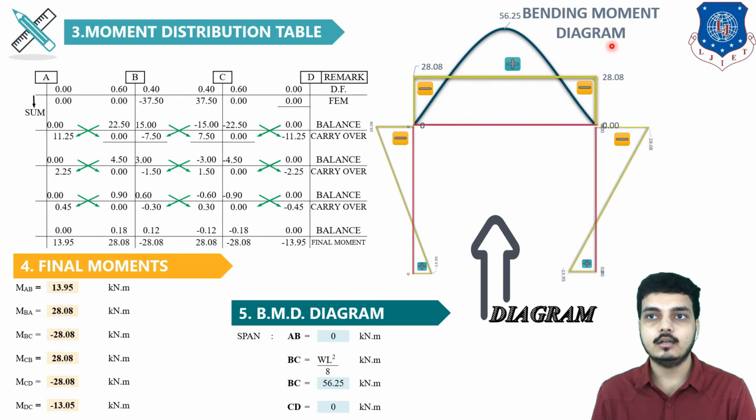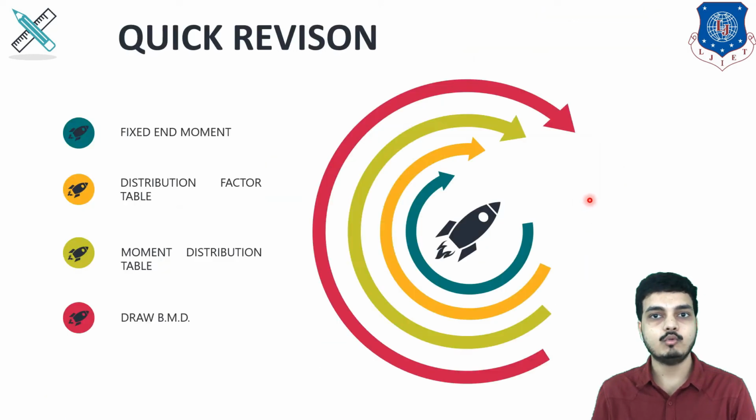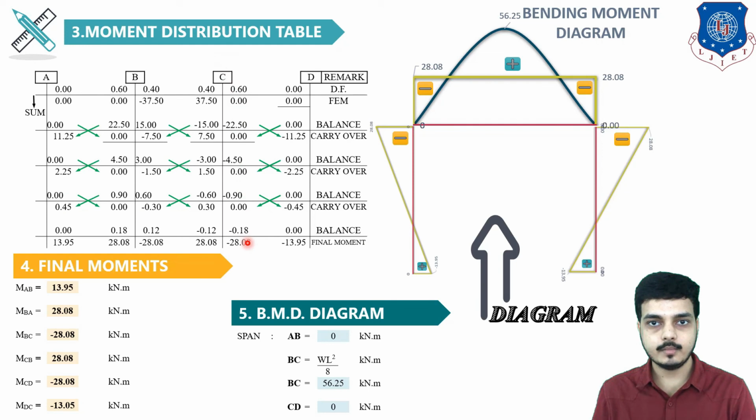Now we know that only a central UDL was given, the formula will be WL square by 8, and the value will be 56.25 as a curve. For AB and CD there was no loading given, so 0, 0. So this was our example on a frame without sway. Let's have a quick revision. We did FEM, then distribution factor, then moment distribution table, final moments, and bending moment diagram.